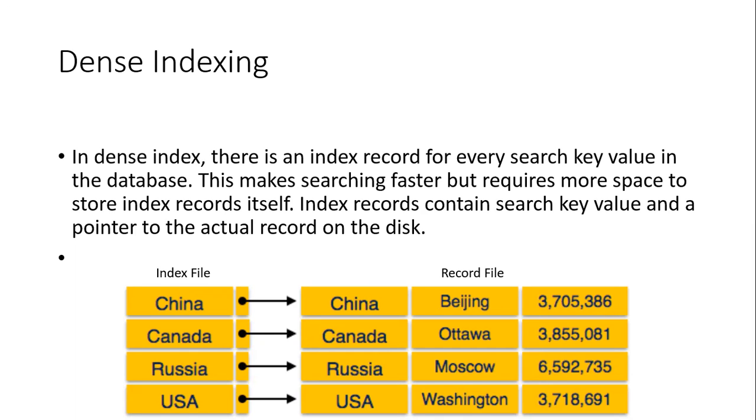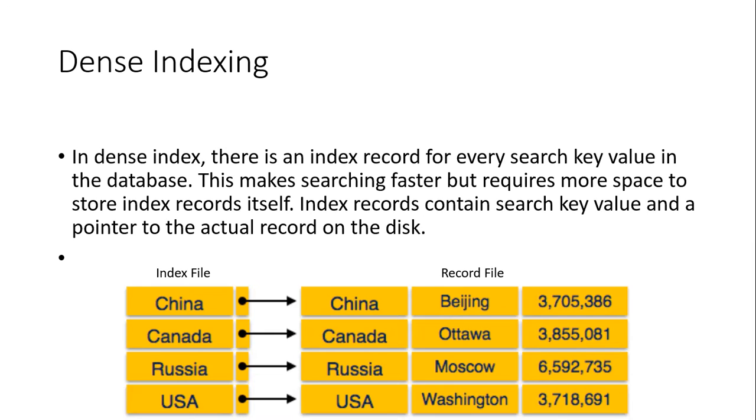And we all know each entry in the index file consists of two fields. One is the key attribute, the attribute over which we perform the search operation, and the second field is the pointer to a record of the database, the base address of the record.